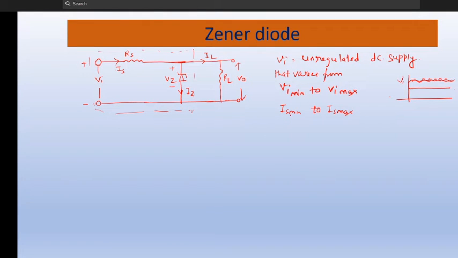And what will be the value of Is min? Can you say? I said Vi min minus Vz divided by Rs.